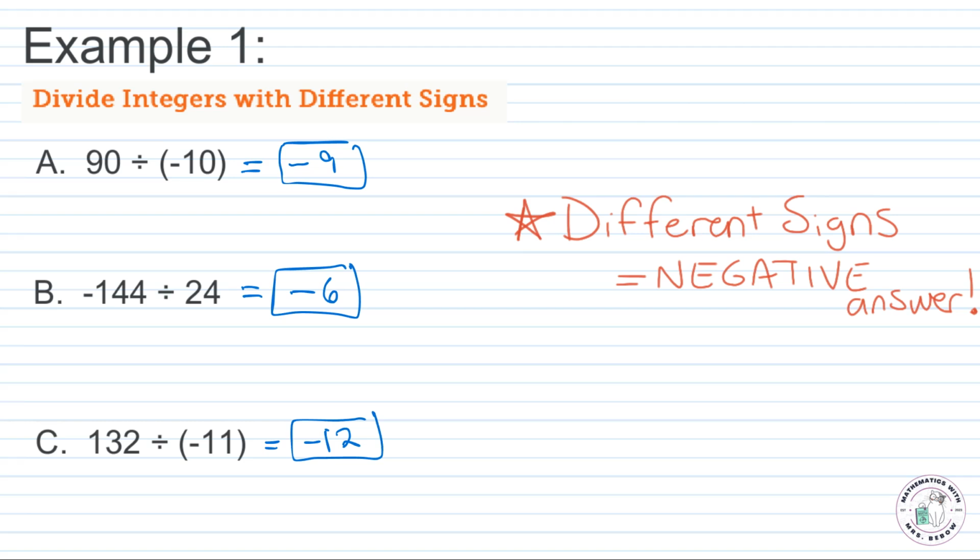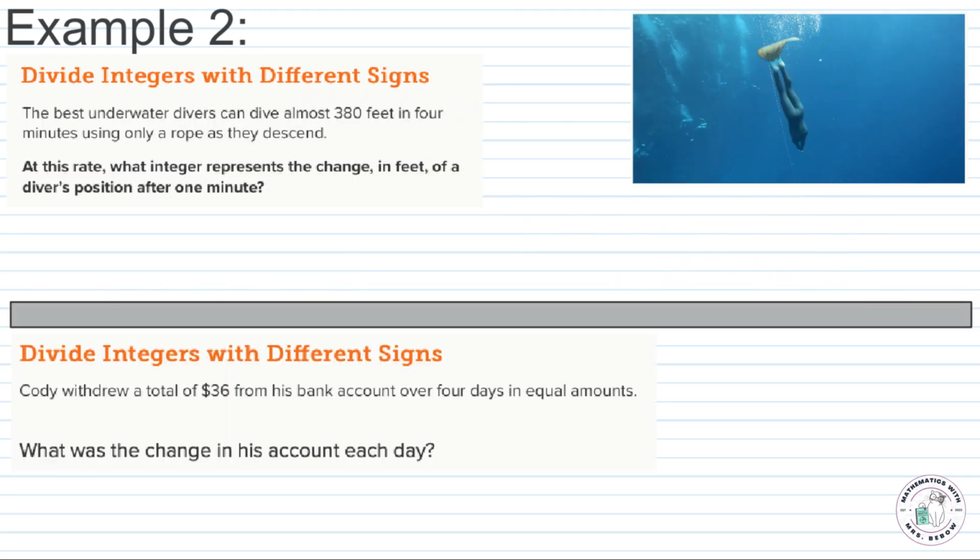Let's take a look at a couple of story problems. With this top one, it says the best underwater divers can dive almost 380 feet in 4 minutes using only a rope as they descend. At this rate, what integer represents the change in feet of a diver's position after 1 minute? If we're trying to find that integer in feet per 1 minute, we're finding a unit rate.